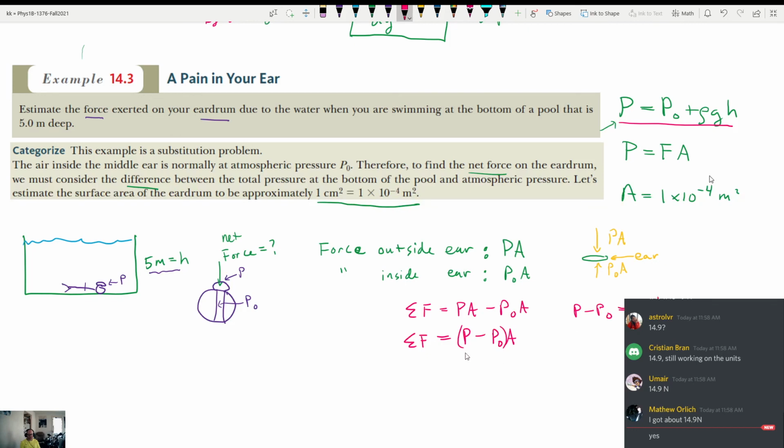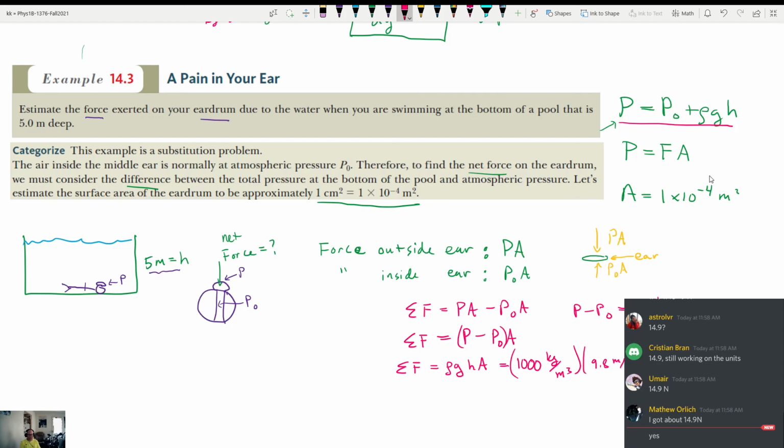So we can plug rho GH in here and get that the net force is equal to rho GHA, or 1,000 kg per meter cubed, times G, which is 9.8, times H, which was 5 meters, times A, the area of the ear, which was 1 times 10 to the negative 4.